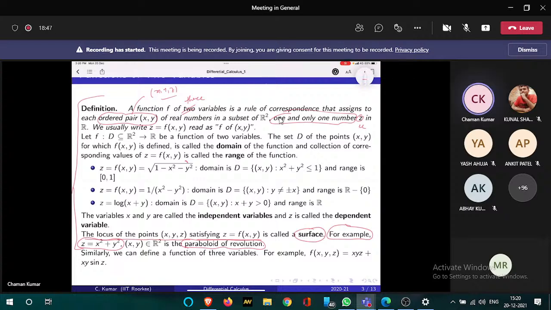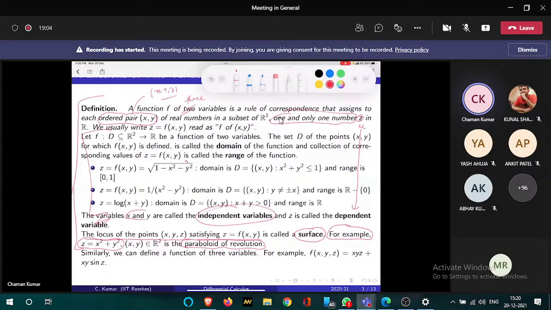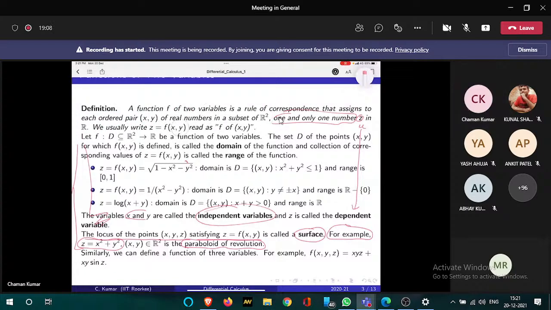The same way you can construct these examples. For a function of three variables, x, y, and z will be the independent variables, and the variable u will be the dependent variable. So all these things can be extended to functions of three variables, and in fact to functions of more than three variables also.